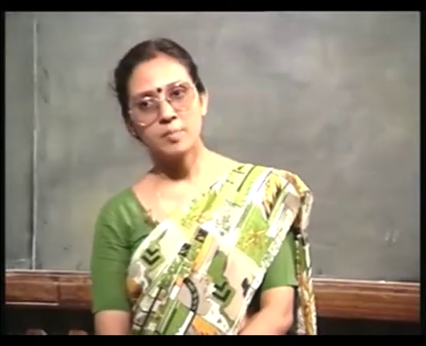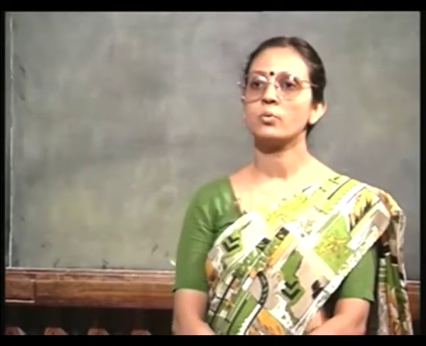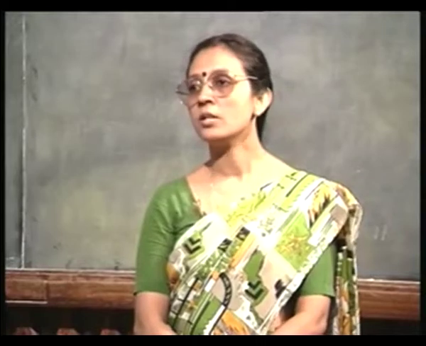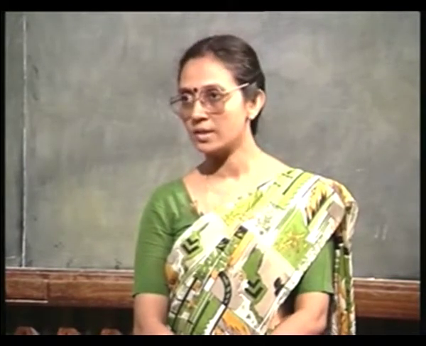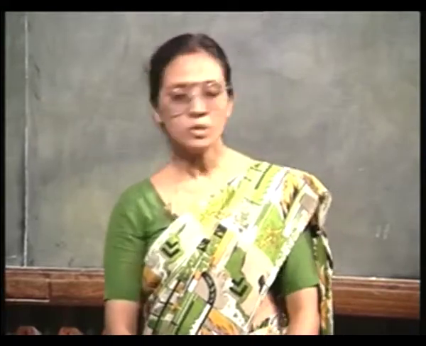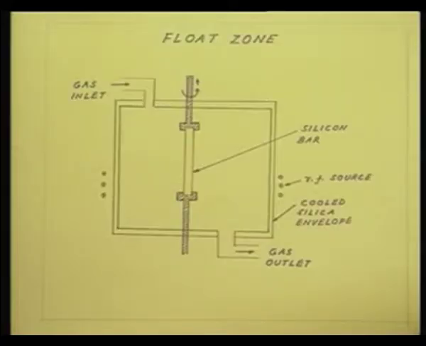So, this starting material itself is going to be quite expensive, unlike in Czochralski or Bridgman, where you could use powdered or polycrystalline silicon material. So, here we have to have a silicon bar.